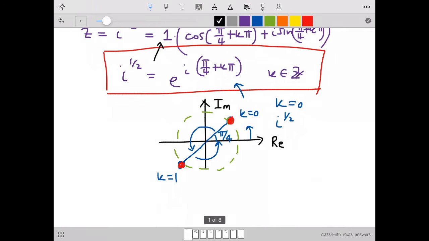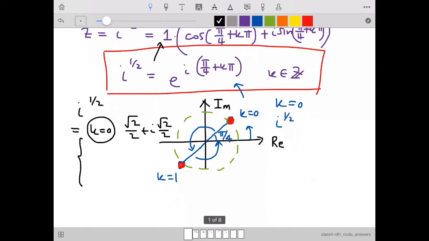Therefore I can say i to the half is, when k is 0, root 2 over 2 plus i root 2 over 2. And when k is 1, I get minus root 2 over 2 minus root 2 over 2 i.